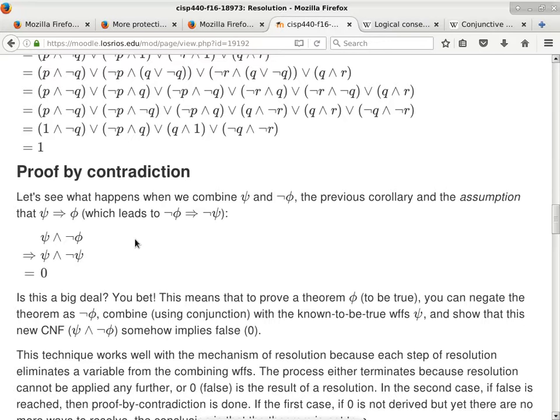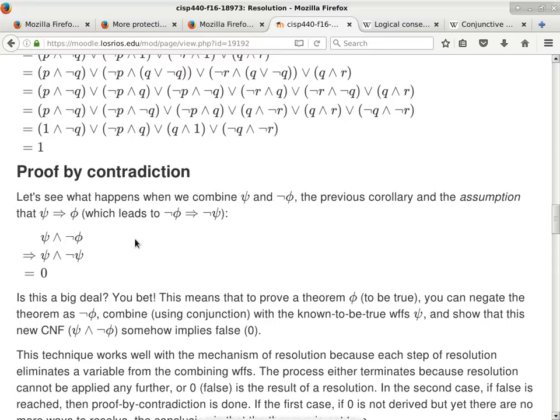So when you look at the conclusion, it basically means that if phi is really a theorem because of psi, then by introducing the negation of the theorem to psi, which is everything that we know to be true to begin with, we should end up with phi and not phi, which we also know as what? Zero, which is our contradiction.